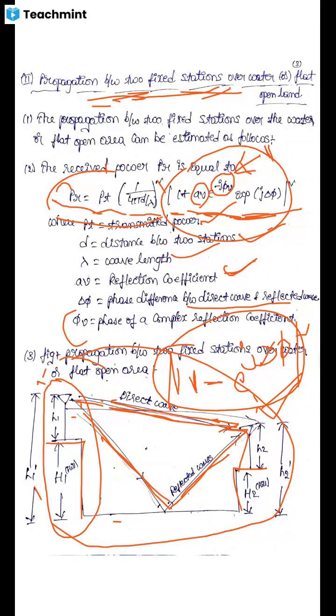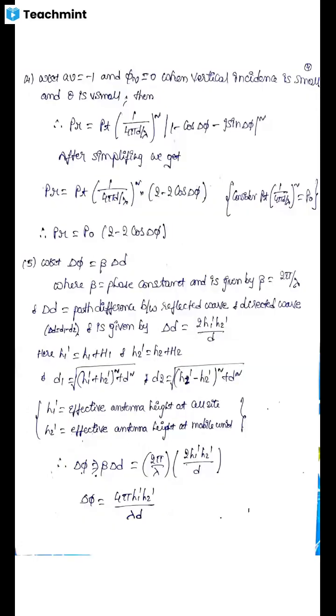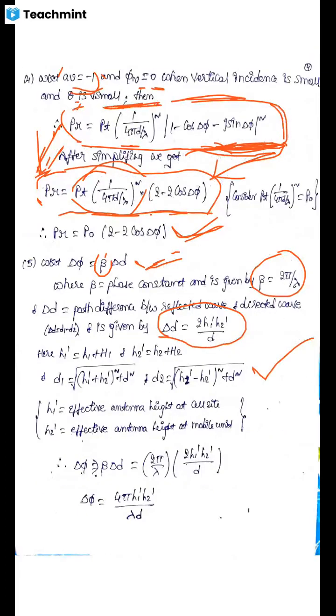And there also I will get the values: d1 is equal to square root of (h1 plus h2) whole square plus d square, and d2 is equal to square root of (h1 minus h2) whole square plus d square. But here I am substituting h1 dash in place of h1, and h2 dash in place of h2. So if I subtract d1 and d2, I will get the delta d value as 2 h1 dash h2 dash by d.